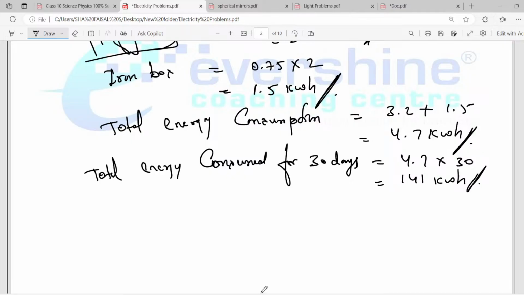Now we have to calculate the cost, right? Total cost is equal to 141 units at 3 rupees per unit. So 141 into 3 will be 423 rupees. Rupees 423 will be the final answer.